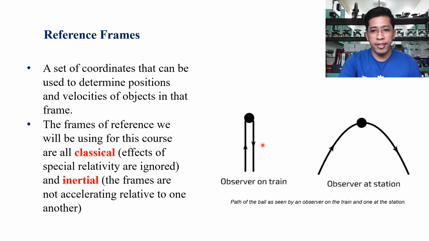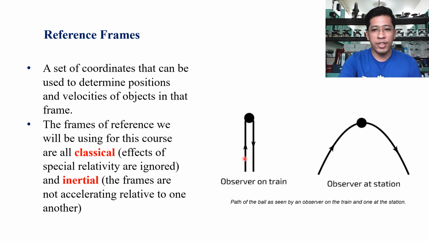On the other hand, consider that we have another observer outside the moving train, maybe someone on the road. While you throw the ball upwards, the observer outside sees that the ball will travel a parabolic path, which is quite different from what you saw inside.